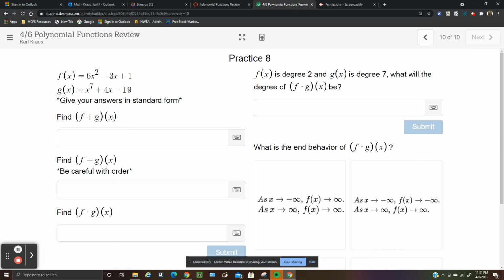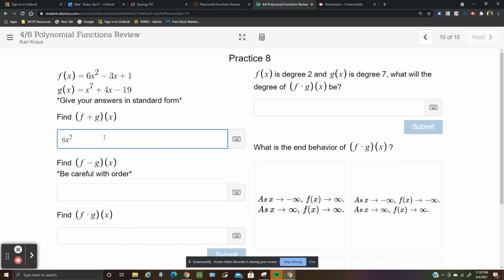All right, once again, this one's add, subtract, multiply, find the degree, find the end behavior. So f of x plus g of x, just adding the like terms together.